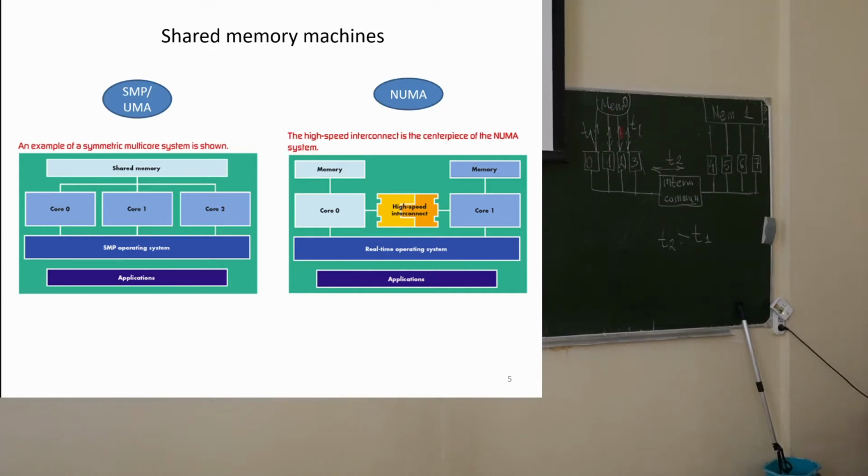Each core can read or write in almost the same time. But to write or read from memory 1, it will be T2 greater than T1, a different time. This is what non-uniform memory access means.